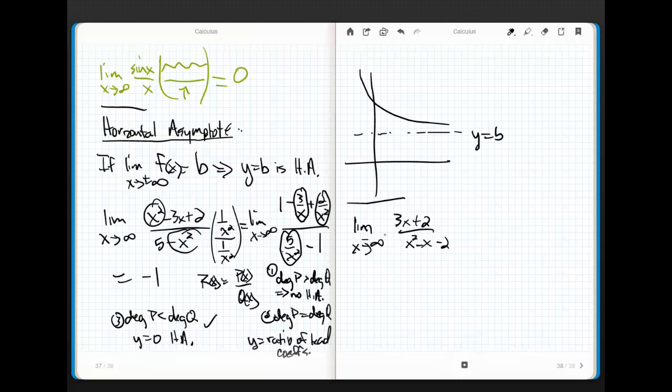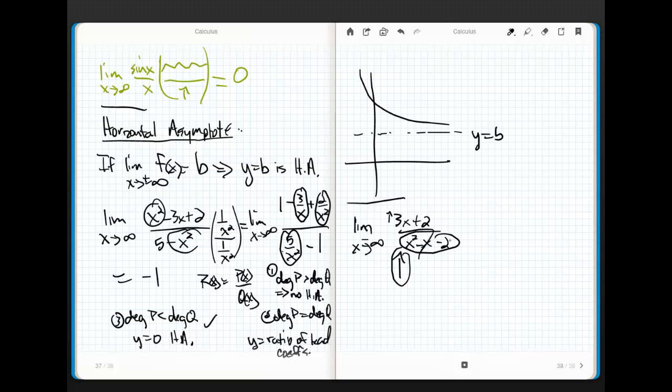As x gets to huge negative numbers, what happens to the bottom? This thing gets really big, right? The top is going to get big, but not as fast. This guy gets bigger so much faster out at infinity.